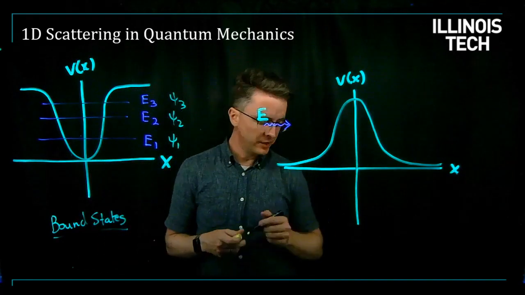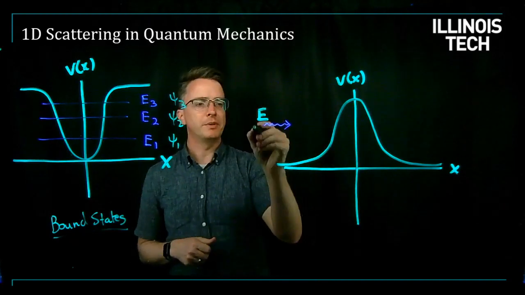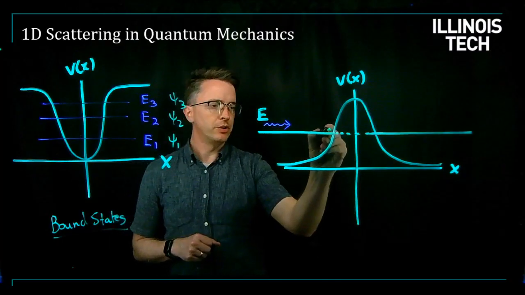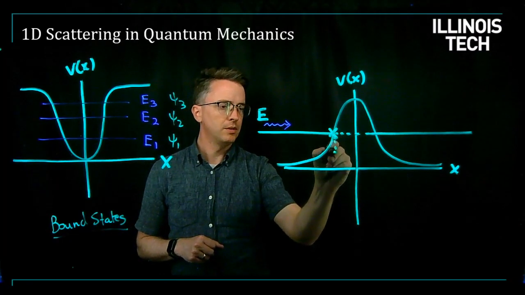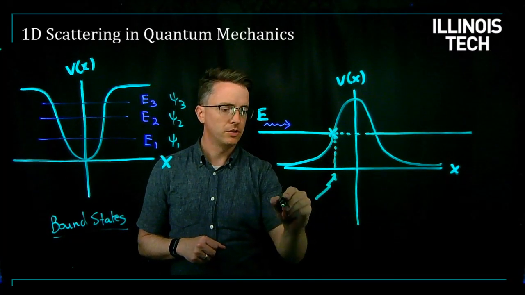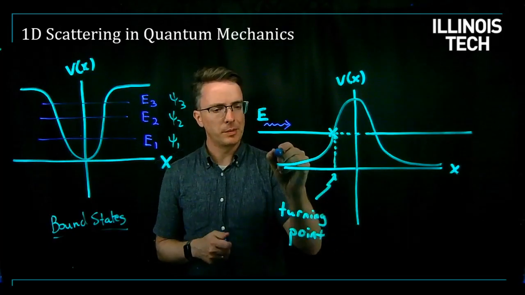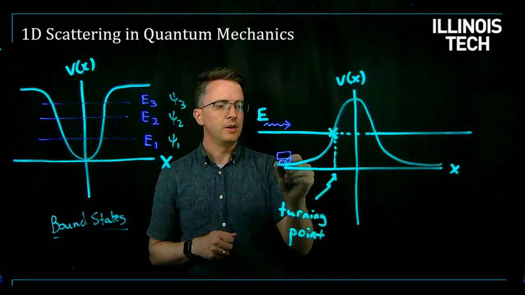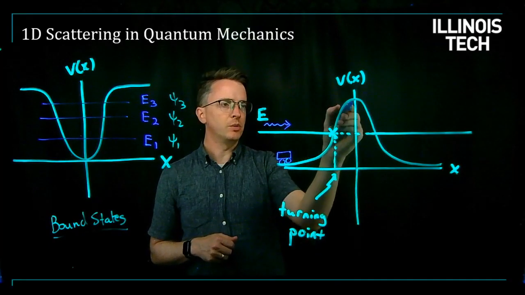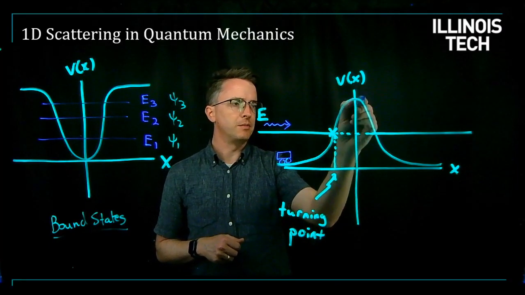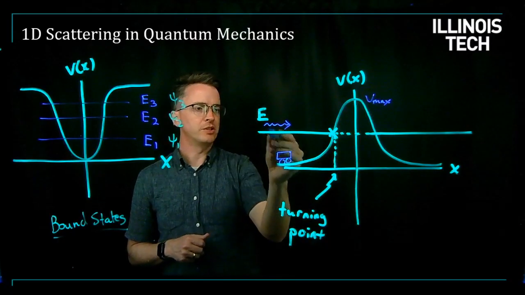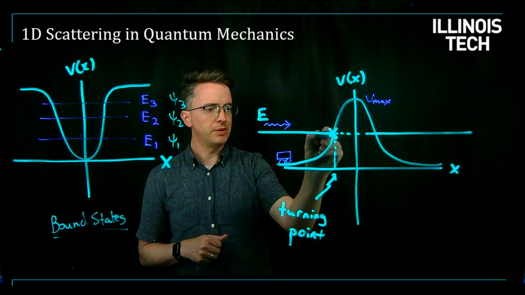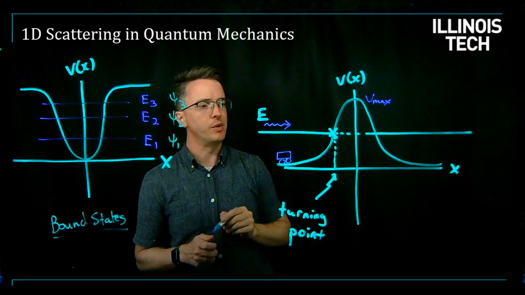Classically, it's easy to understand what would happen if I shot it in with some energy. We know that there's a turning point here. Classically, we could represent it by a car or something heading towards this hill. If it had some energy which is less than, let's call this V max, the particle would travel up the hill, stop at the turning point, and then go back out the other way.